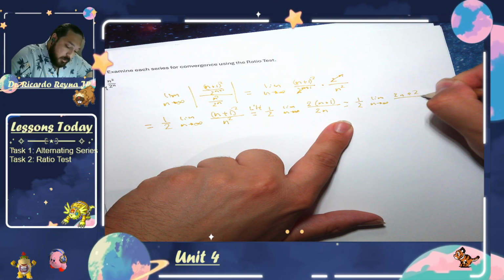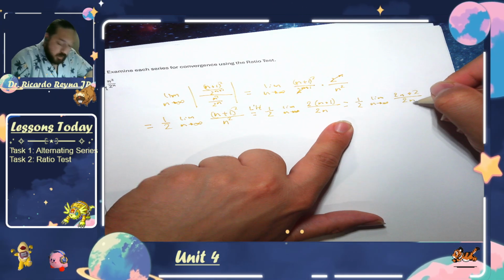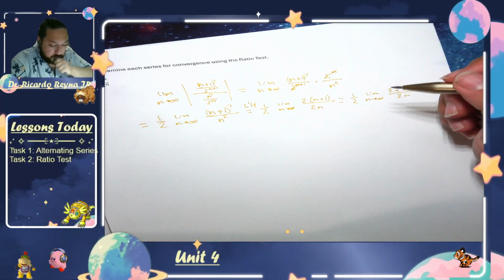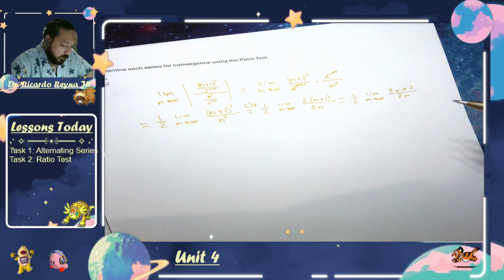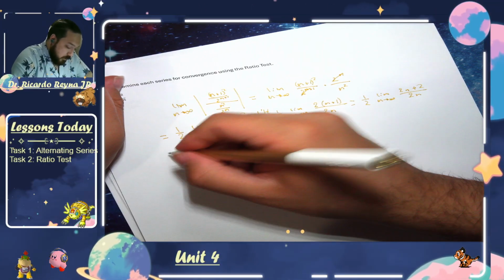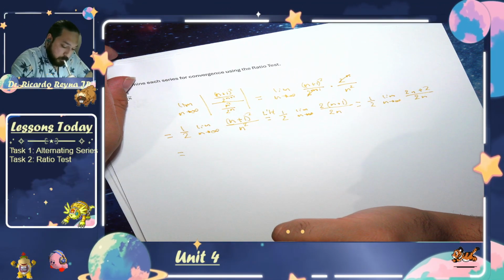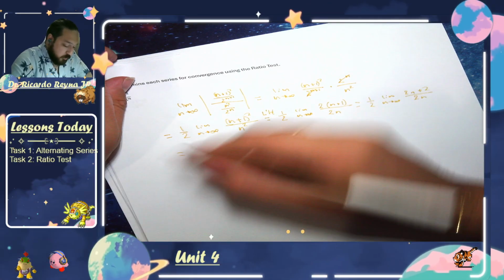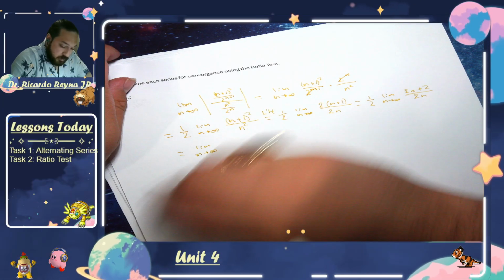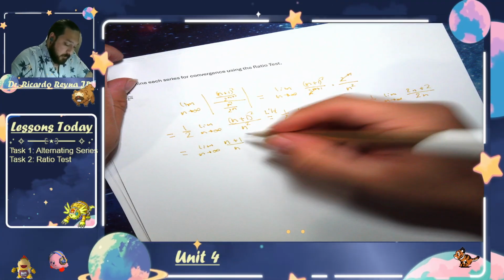2n plus 2 over 2n. You would factor out the 2n's, and you're left with, let's see, we'll factor out 2 first. So you have n plus 1 over n.